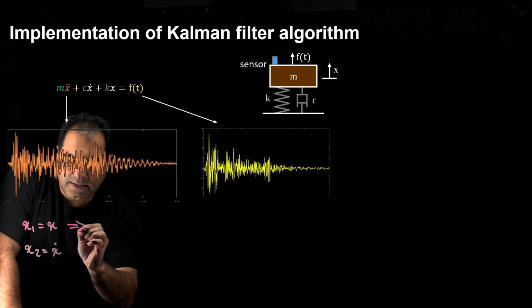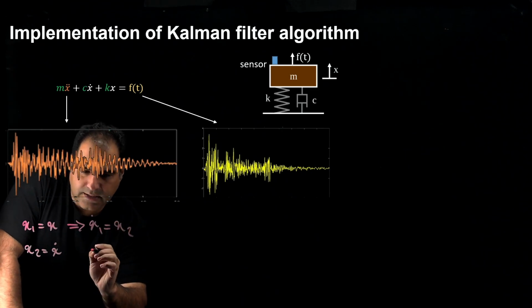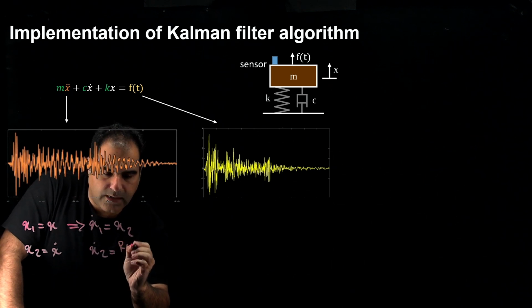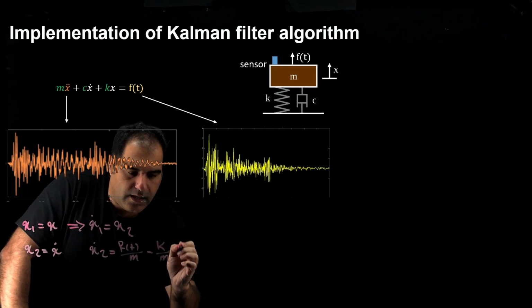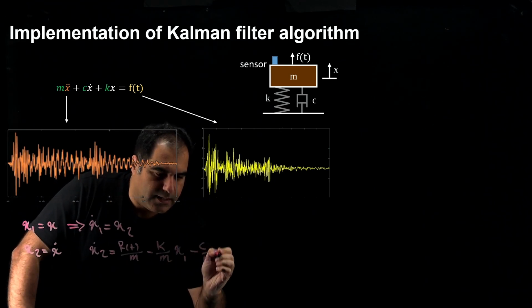Then this means x dot 1 is equal to x2 and x dot 2 is equal to ft divided by m minus k over m x1 minus c over m x2.